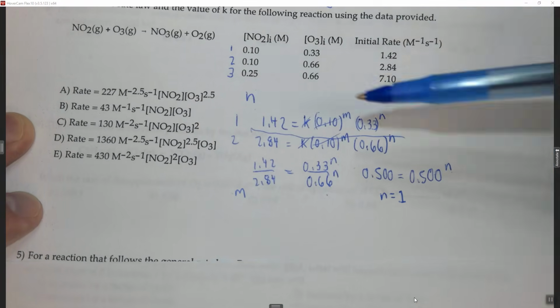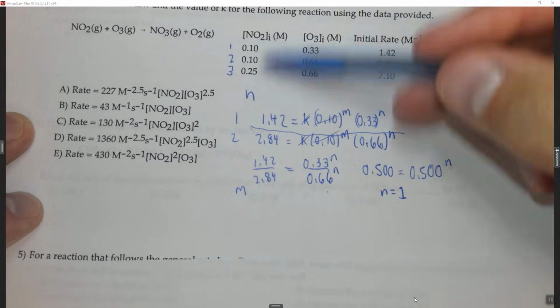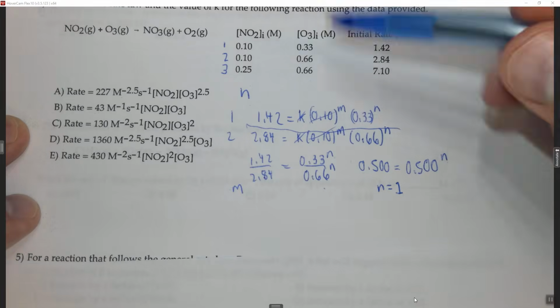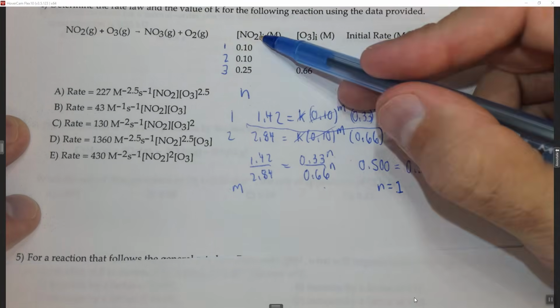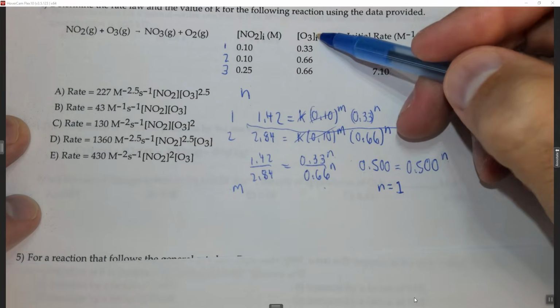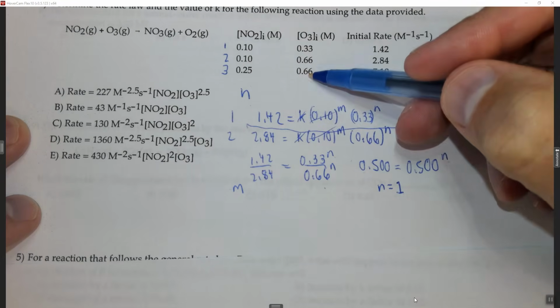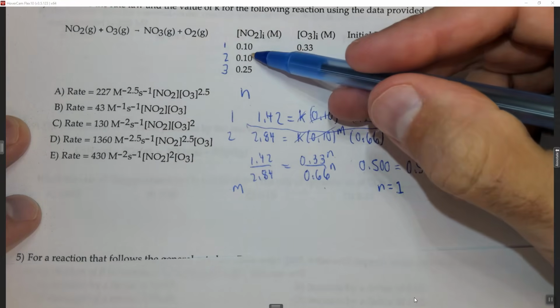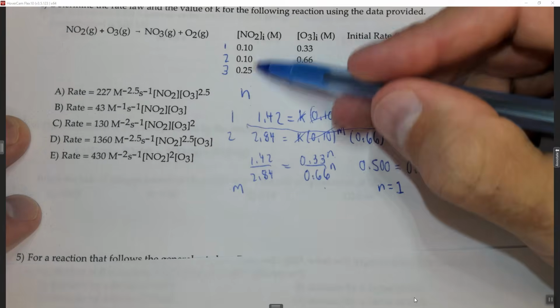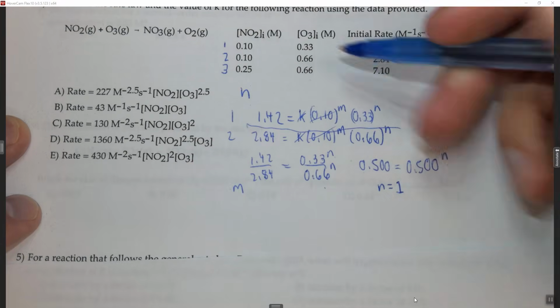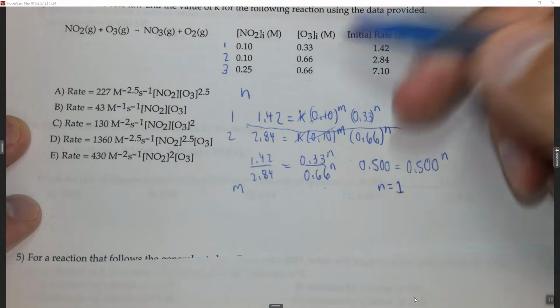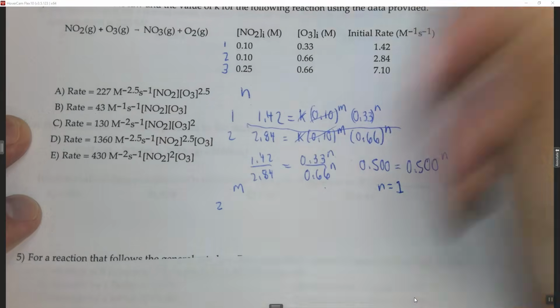Okay. The trick here is to find which 2 trials to compare. So we want to change NO2, but we want to keep O3 constant. So if we look here, O3 is constant in trials 2 and 3, and the concentration of NO2 changes in trials 2 and 3. So these are the 2 we want to compare. Specifically, we want to write out trial 2.